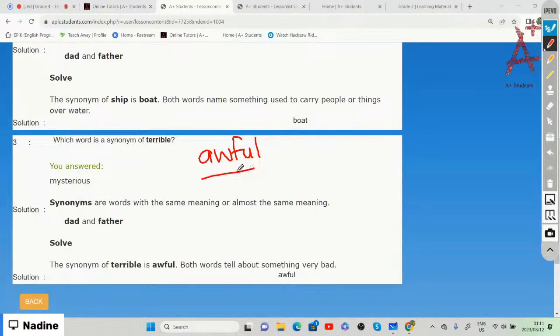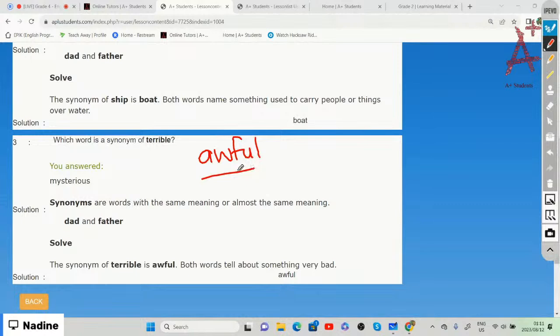Both terrible as well as awful tell us that something is very bad. So if something is bad, we can say it is either terrible or awful. Both words are synonyms of one another.